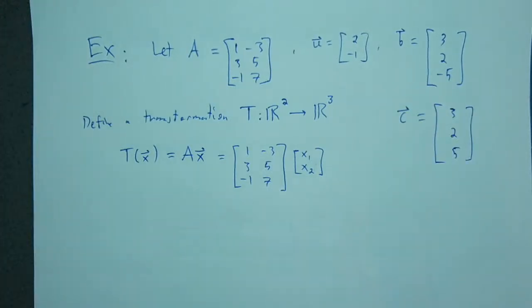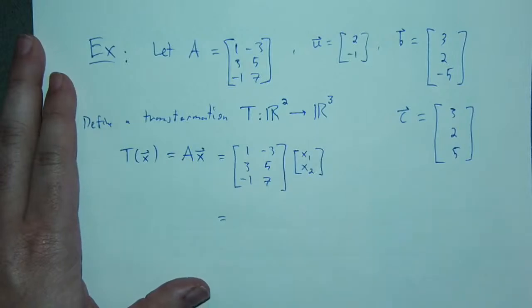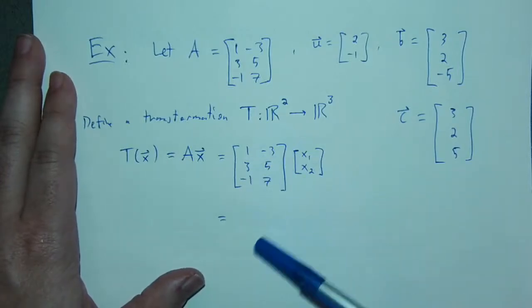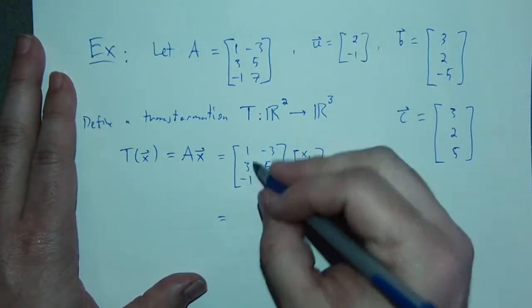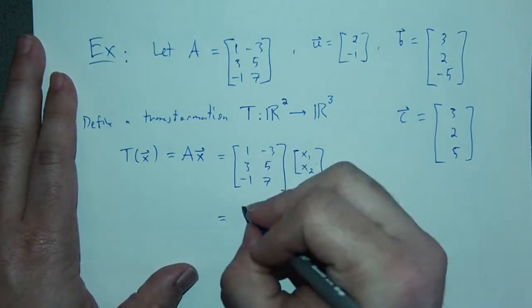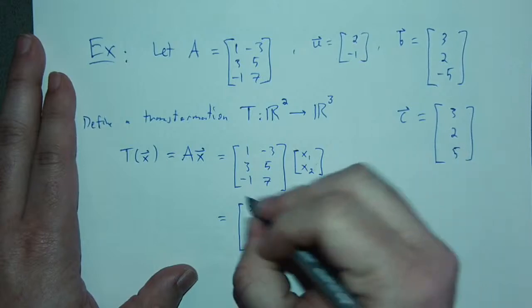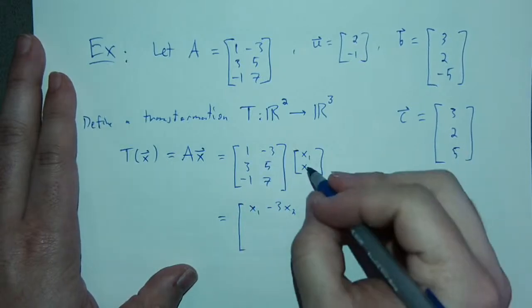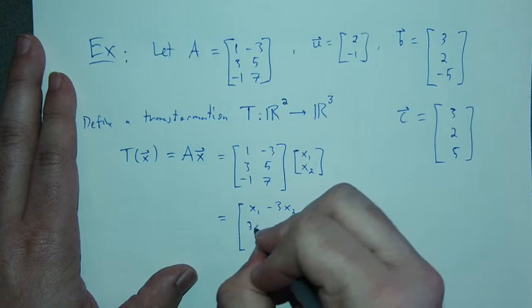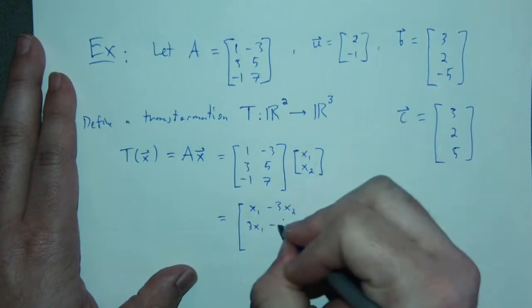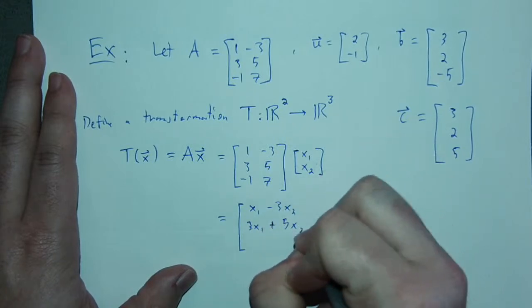Well, how do I do this multiplication? So I form a linear combination, x sub 1 times the first column, x sub 2 times the second column. So this is x sub 1 minus 3 x sub 2 in the first entry. In the second entry, this would be 3 x sub 1 plus 5 x sub 2.